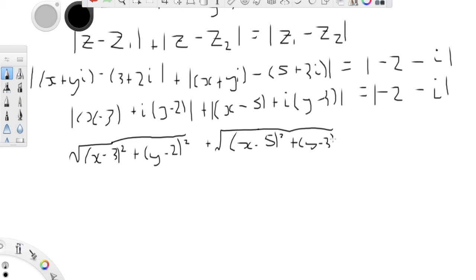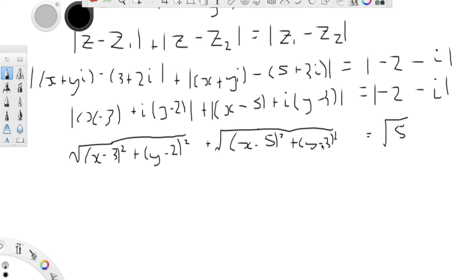And we can work this one out over here: negative 2 squared plus negative 1 squared. Either way, it's just root 5. Okay.